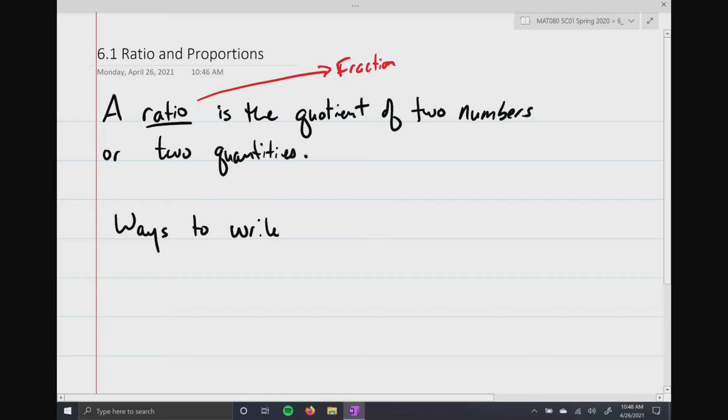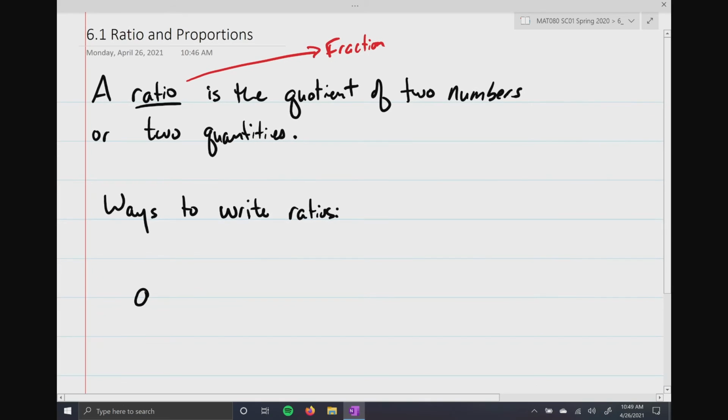Okay? Now, there are ways that we write ratios. I think the most recognizable way is the fact that ratios are fractions. So you would just write A over B. But there are two other ways, and it all depends on the question and how you want to write it.